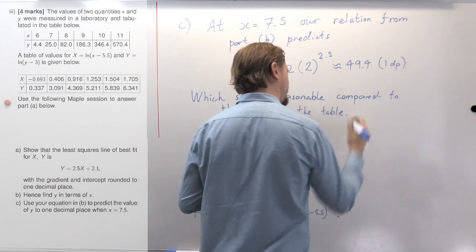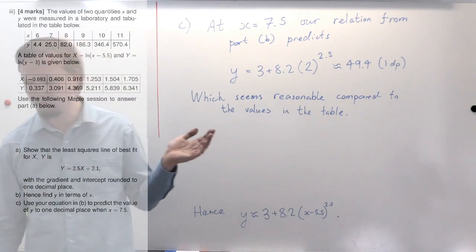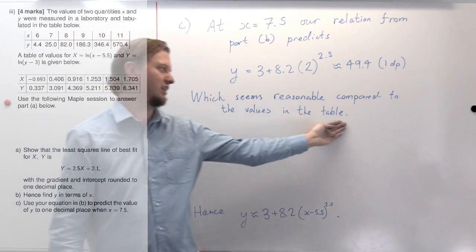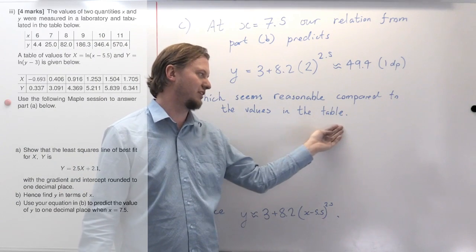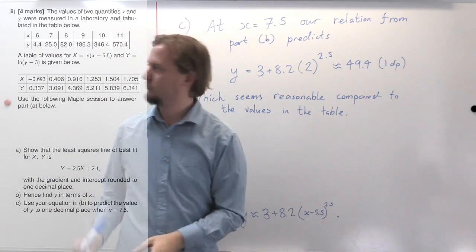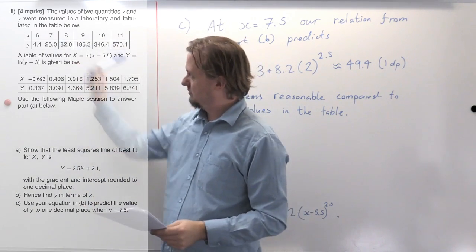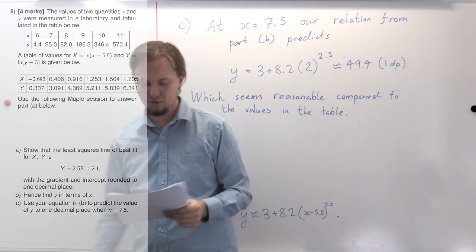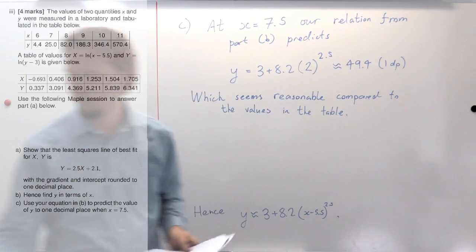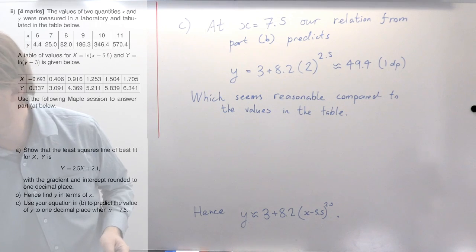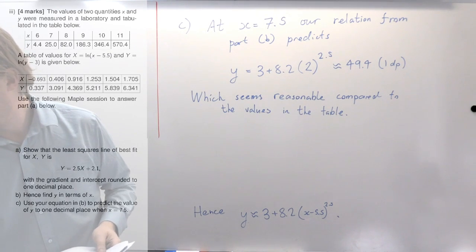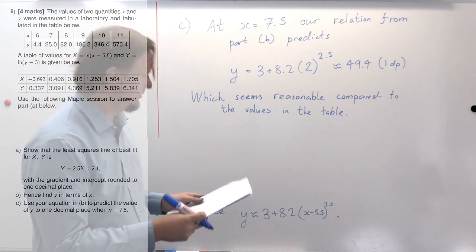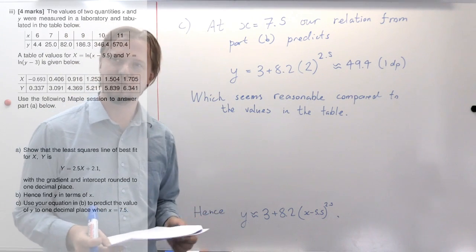Just to maybe, I mean, if this was a report I was writing for someone, I might want to draw their attention to the fact that this is a good prediction based on what we already saw, that it does nicely fall between those values we're finding. So the model's not terrible. So yeah, that's what I would do for this question.